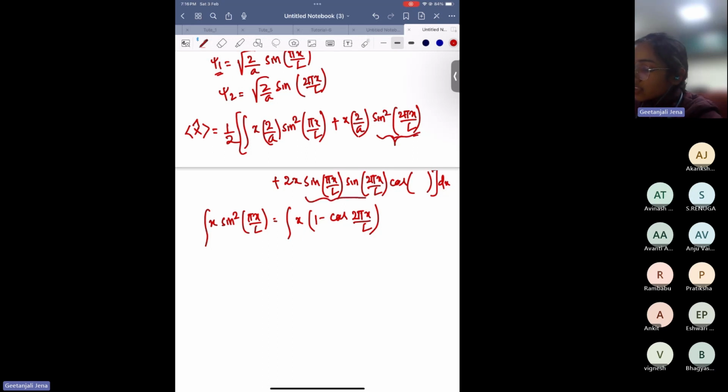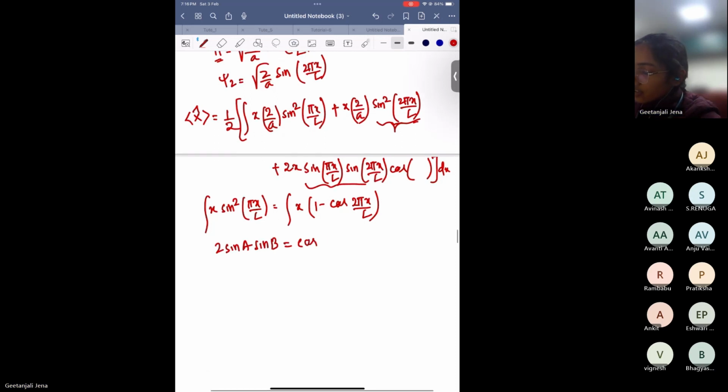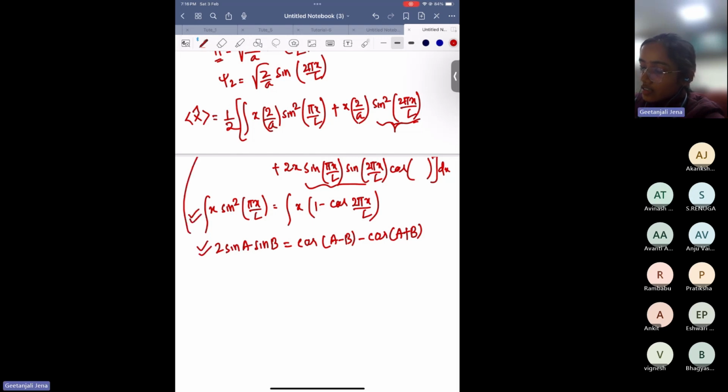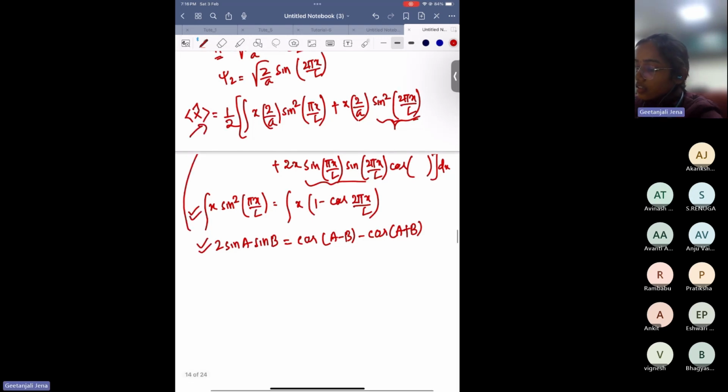And this term is nothing but 2 sin A sin B, which you can write as cos(A minus B) minus cos(A plus B). So use this in this equation.